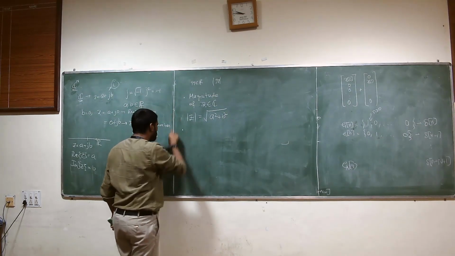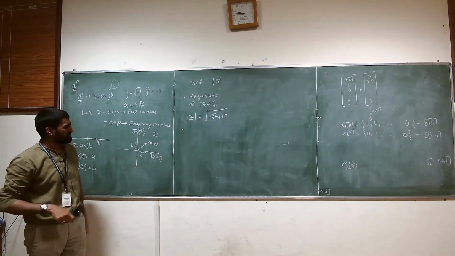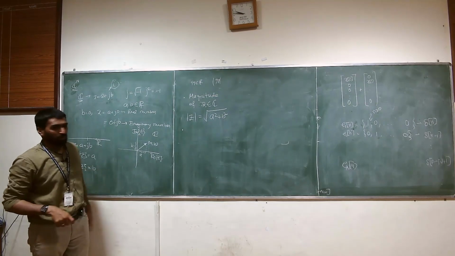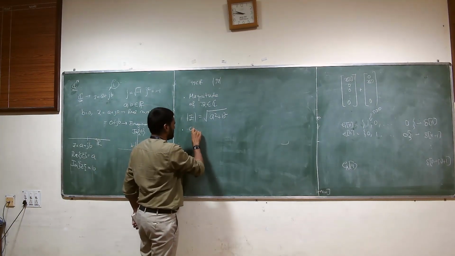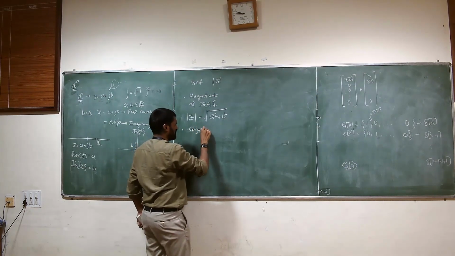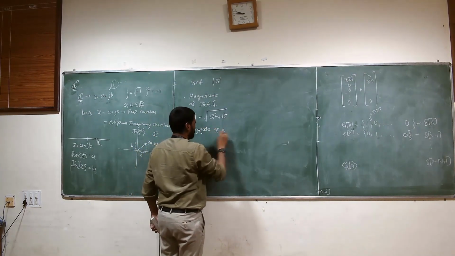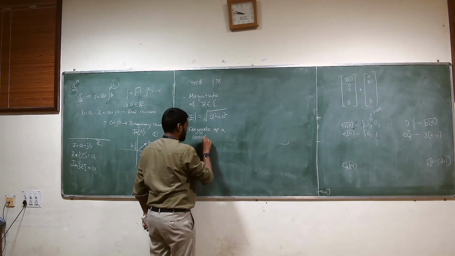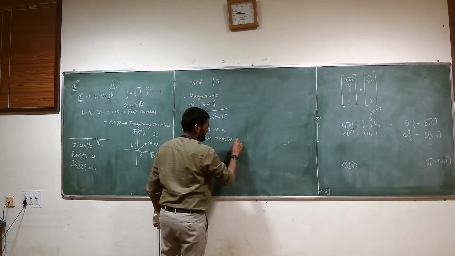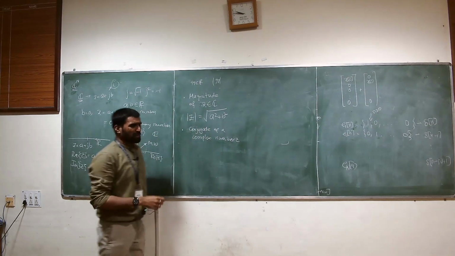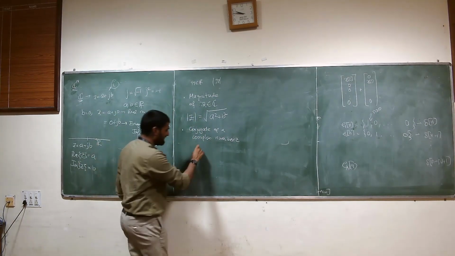There is another useful operation when you deal with complex numbers, which is called the conjugate. What is the conjugate of a complex number z?